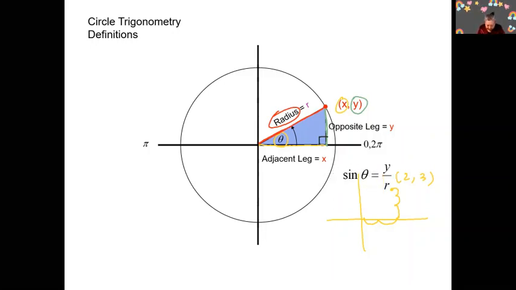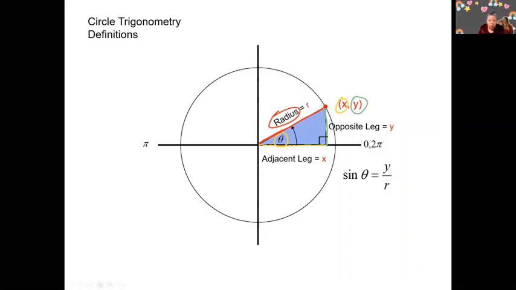Then in this case, we can get the sine ratio, which is opposite over hypotenuse, right? Opposite over hypotenuse, then we're going to have y over r, which is the radius.